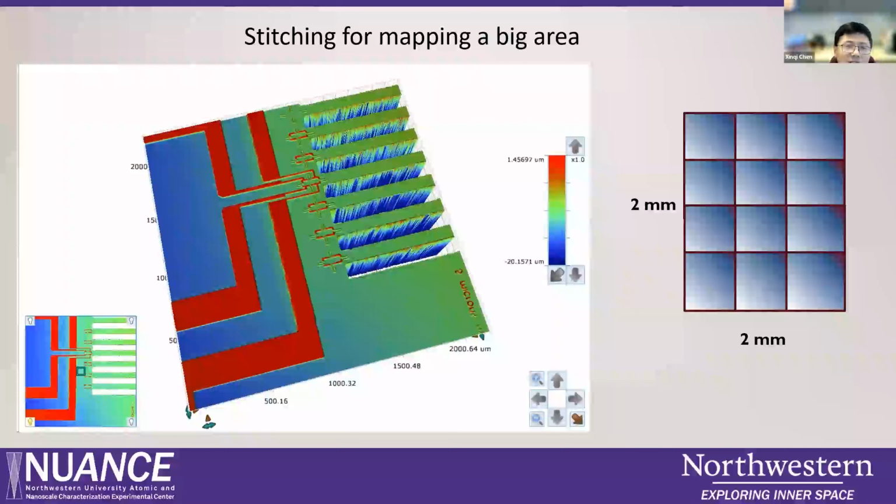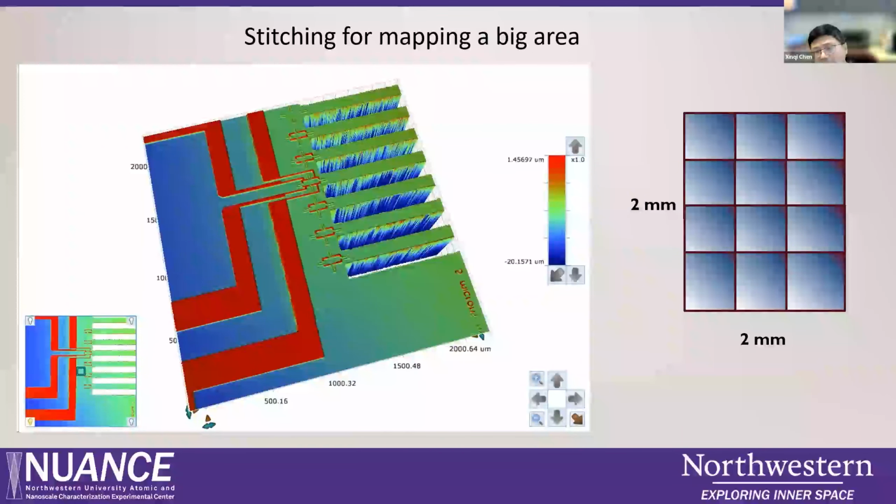You can use the stitching feature. On the right, you see here, we have about 2 millimeter. We can use like a 4 by 3. Sometimes if it's bigger, maybe 10 by 10, like this. You can take many images and use this stitch feature. You can stitch them together, see a big view, and still maintain a very good lateral resolution. So this feature is very useful.